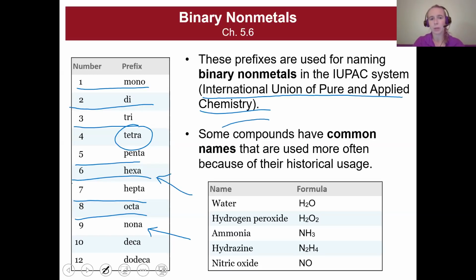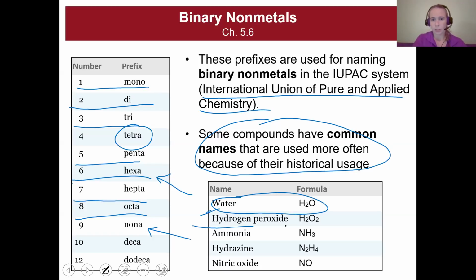And then some compounds have common names that are used more often because of historical usage, particularly water, hydrogen peroxide. These things, when we call them water or hydrogen peroxide, they really have literally nothing to do with the nomenclature of typical binary nonmetals or covalent compounds. You wouldn't know where they got the peroxide or where they got water at all from this naming system, but we use these because they're very commonly used compounds.